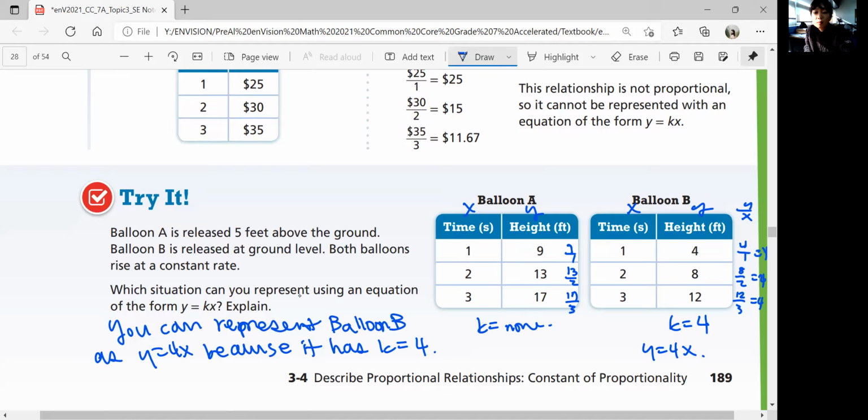Balloon A does not have a constant of proportionality. So it does not have a proportional relationship, which means we cannot write this in a proportional equation, y equals kx.